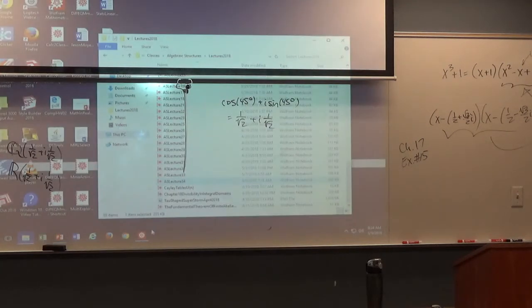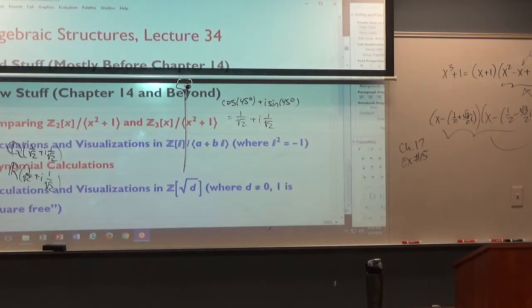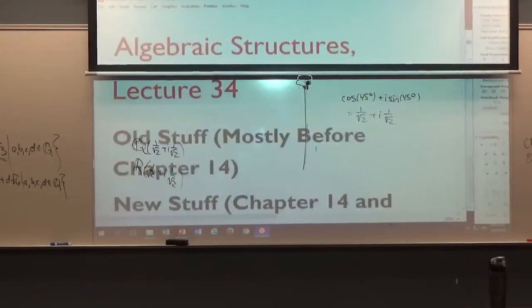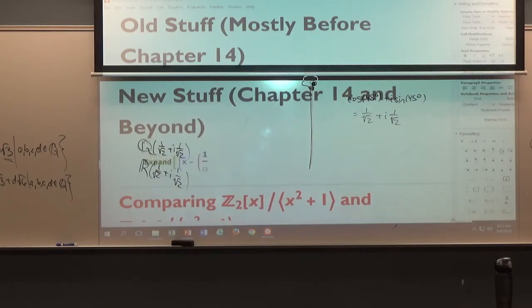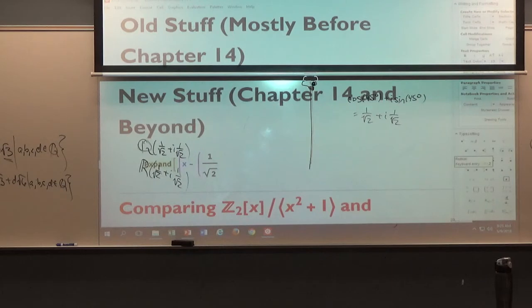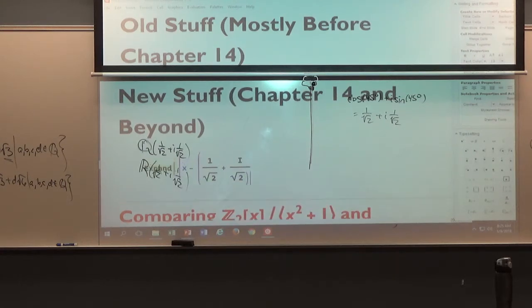I'll use Mathematica to do some calculations here. Expand will take polynomials in factored form and multiply them out. If, for example, I expand x minus 1 over root 2 plus i over root 2, capital I is the complex unit in Mathematica.